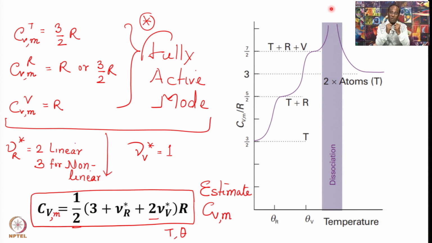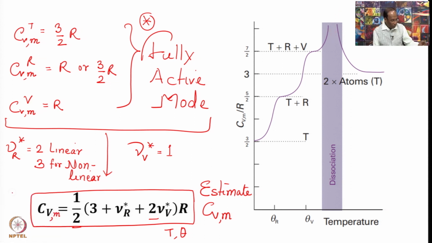The thermal energy is so high that the bond breaks, and that is dissociation. When the dissociation takes place, it is like a phase transition, where the heat capacity is infinite. The energy is used up in dissociating the molecule rather than increasing the temperature. Therefore, heat capacity becomes infinite.